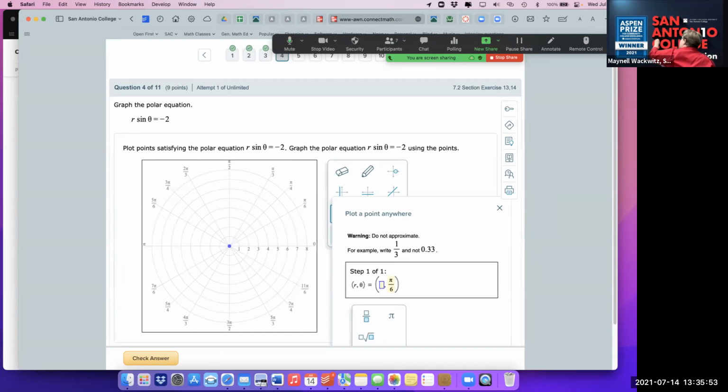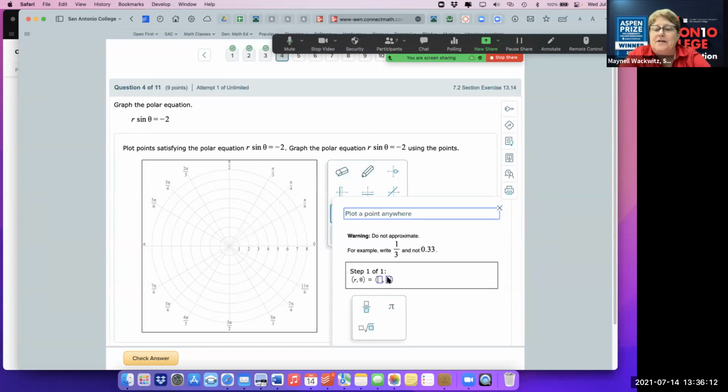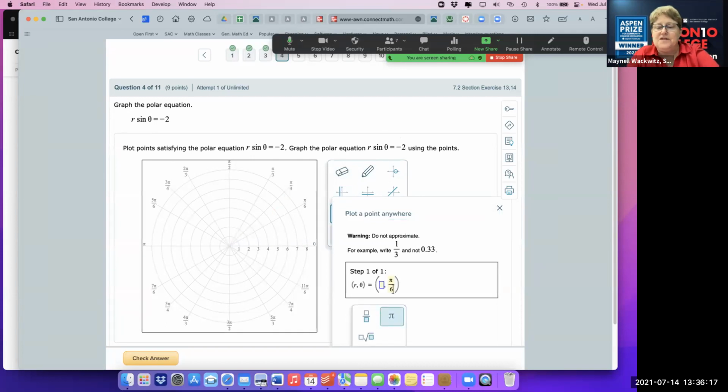I'm having to divide the -2 by sine theta to get r. So r equals -2 times the sine of theta, divided by the sine of theta. So that point at the origin has to be wrong. Okay, good. All right, so we've got theta equals pi over 6.